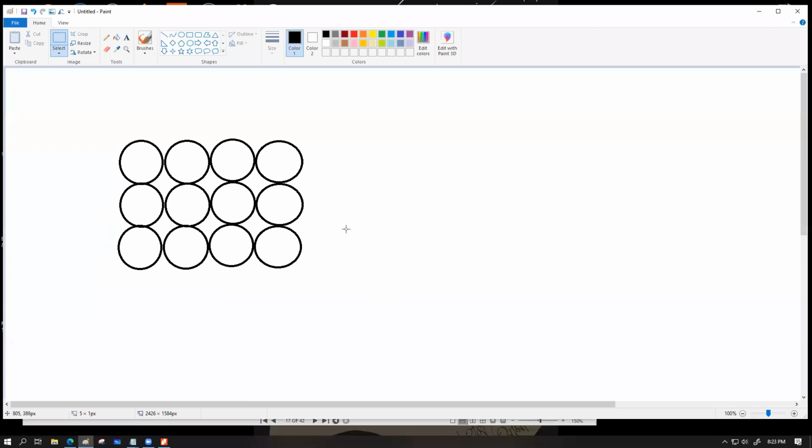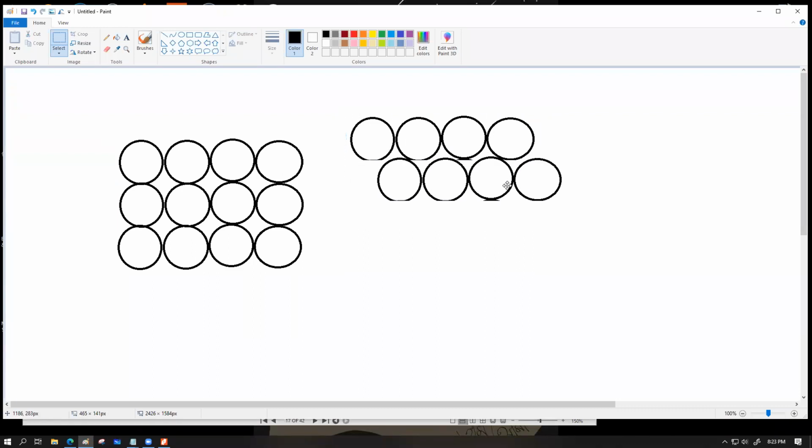Another assumption, if you go for a better optimization: let's say I take one row of this and try to stack the rows up with a gap in between.